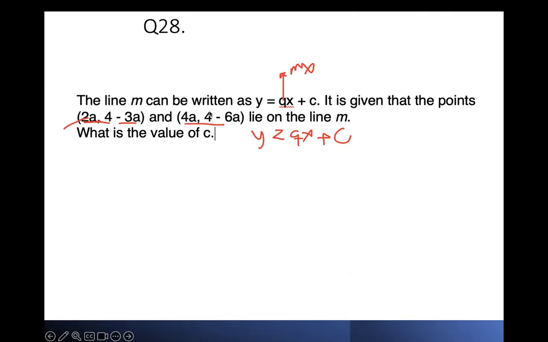I can put these in and I'll get a gradient, and that will be equal to q. So let's calculate the gradient, which is y2 minus y1: 4 minus 6a minus 4 plus 3a, that's the top one, because this is y1.